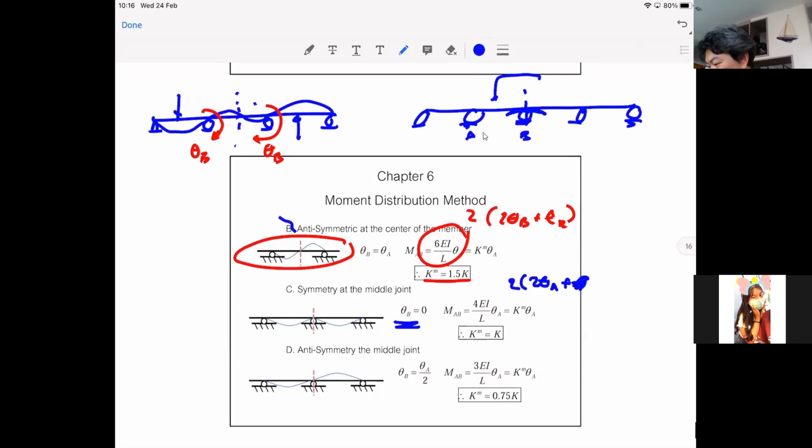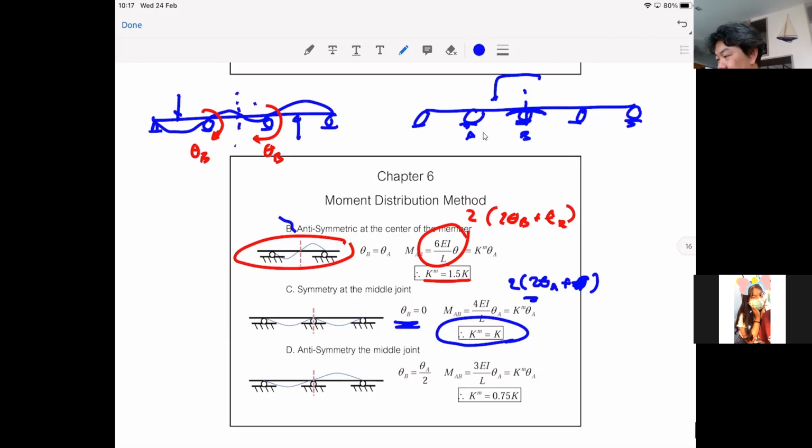So this becomes 0, so it's 4EI over L. So when you have this, whether you choose to modify or not, you already have a very good advantage because the K modifier is equal to K original. So whether you decide to modify it or not, you are ready to take advantage of the situation.